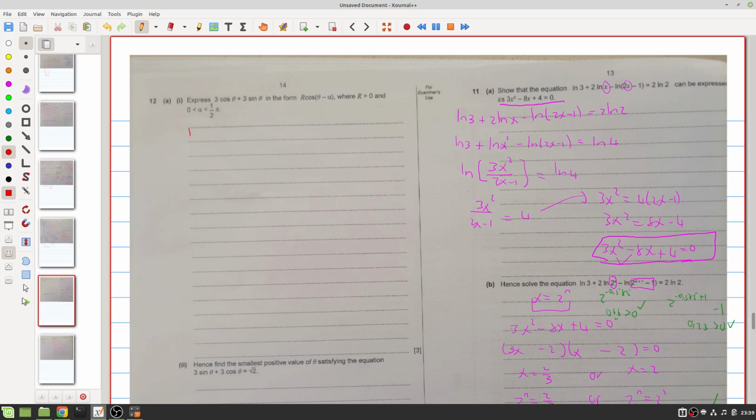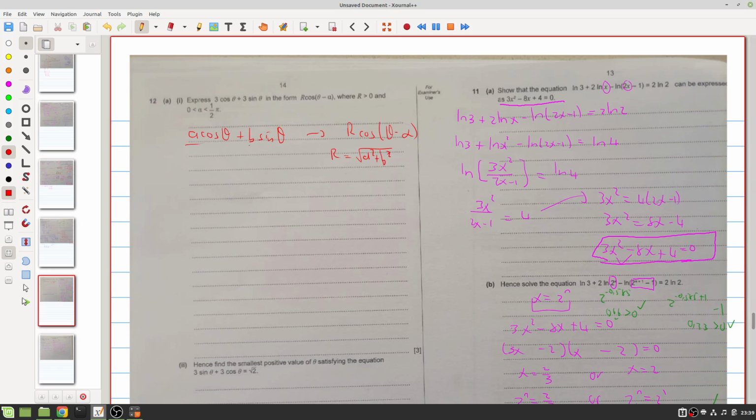Basically, let me say this has the form A cos theta plus B sine theta. If we want to write this in the form r cos(theta minus alpha), then r is equal to the square root of a squared plus b squared.